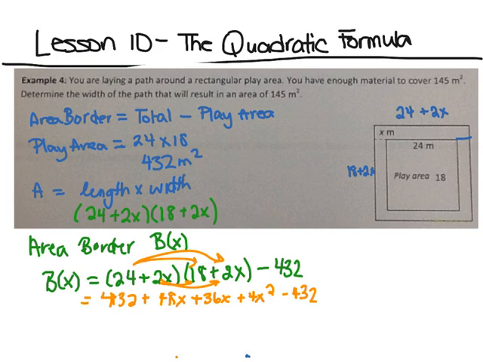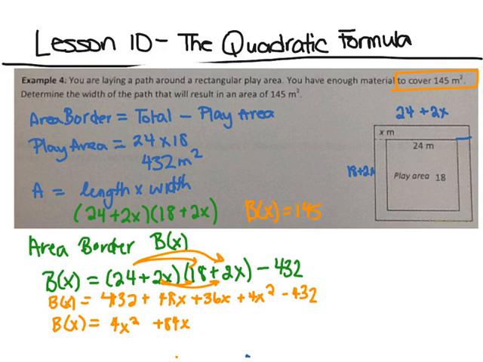So when we simplify this, we have B of x is equal to 4x squared plus 84x. Now we want to find material to cover the area of 145. So that means B of x is 145.